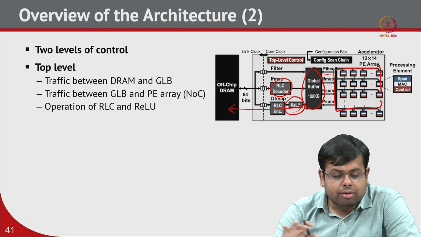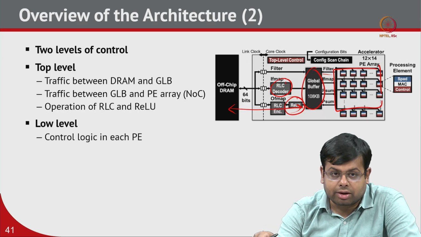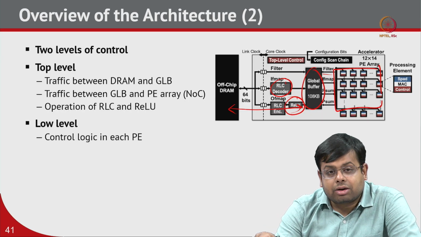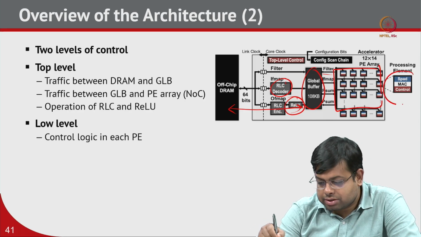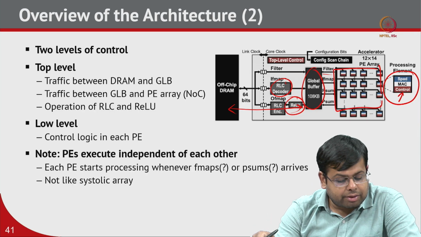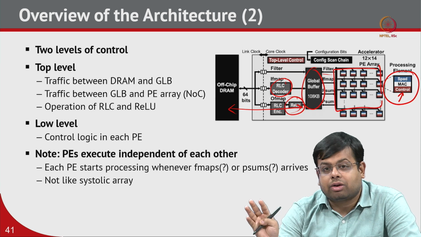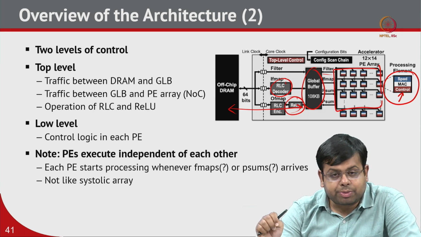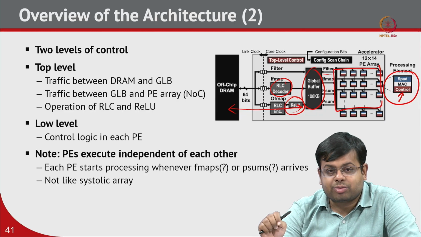So there are multiple levels of communication going on, and then lower level control: inside each PE there is control logic, and these PEs can execute independently of each other. Each PE starts processing whenever the feature map or the partial sums arrive.